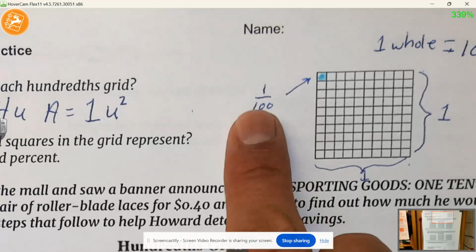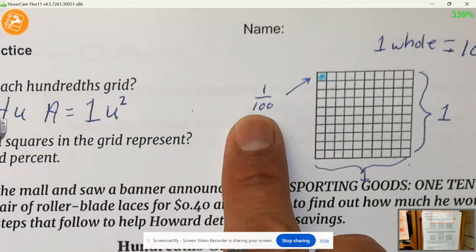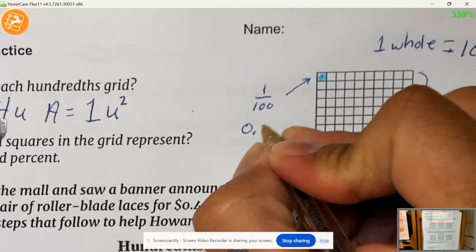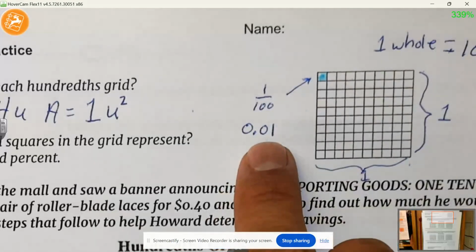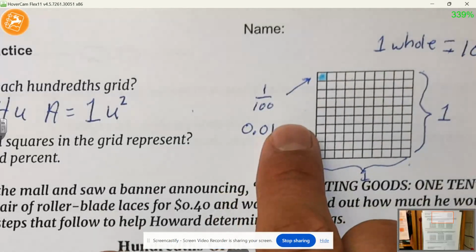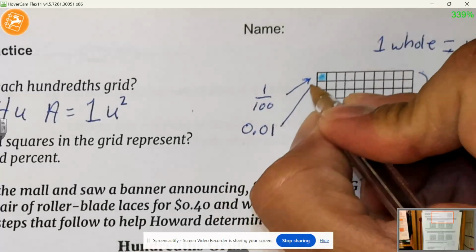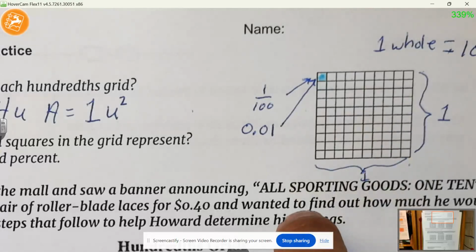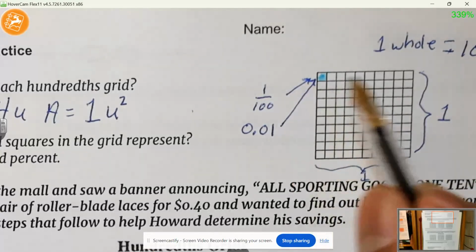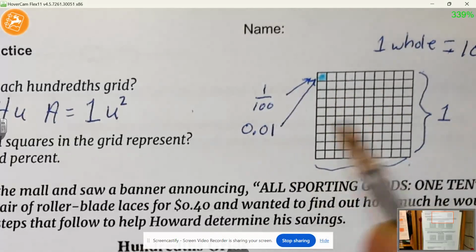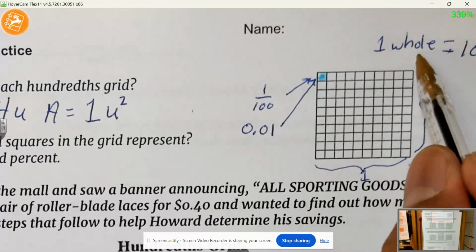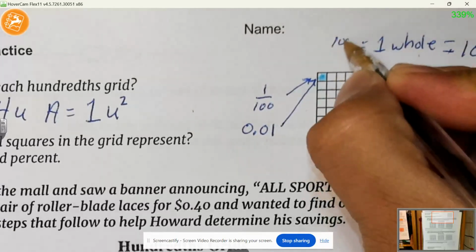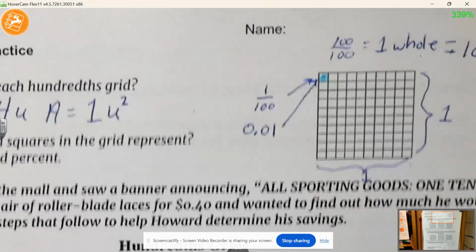Another way of representing that would be 1/100th as a decimal, and that would be like that. That is 1/100th, and that also represents that one box, and every single one of these boxes is 1/100th, right? Because if we look at all 100 of them, that would be 100 100ths, and 100 100ths would be 1 whole. Right, so that would be every single square out of all of them.